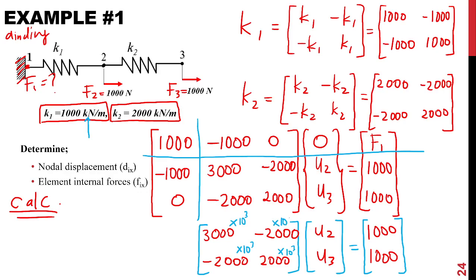Ini pun darab 10 kuasa 3 sebenarnya. Sebab dia kilo Newton meter. Saya tak tulis dalam ni. Panjang sangat nanti. Tapi it's actually like this lah. Darab 10 kuasa 3. Semua orang tengah kalkulator.